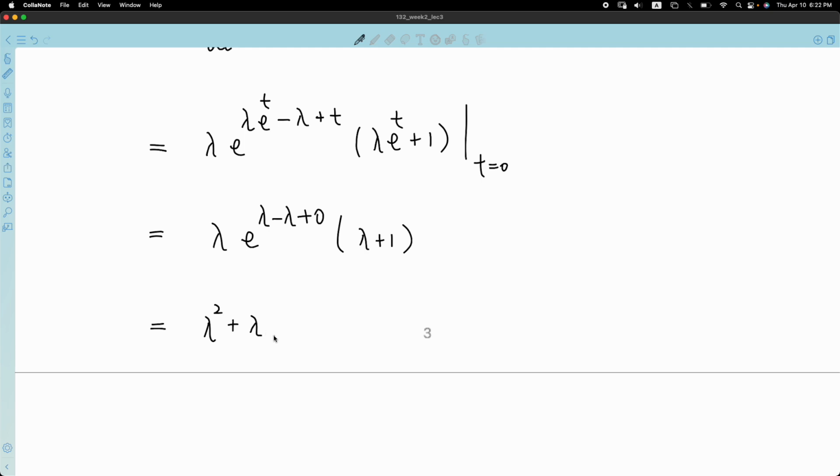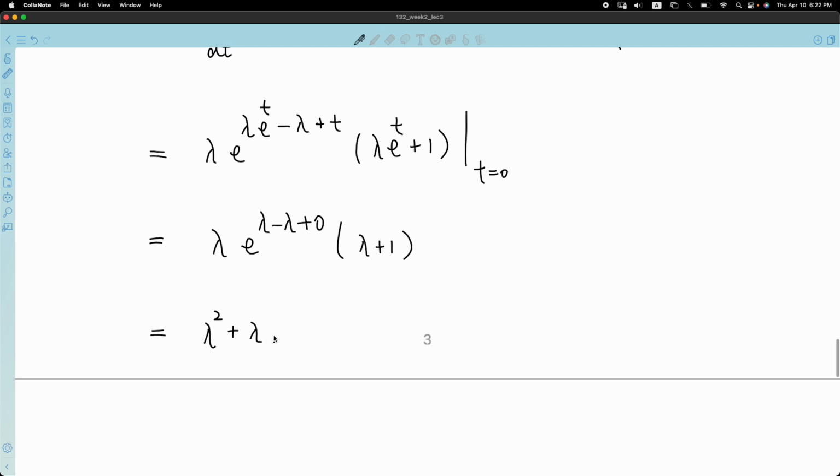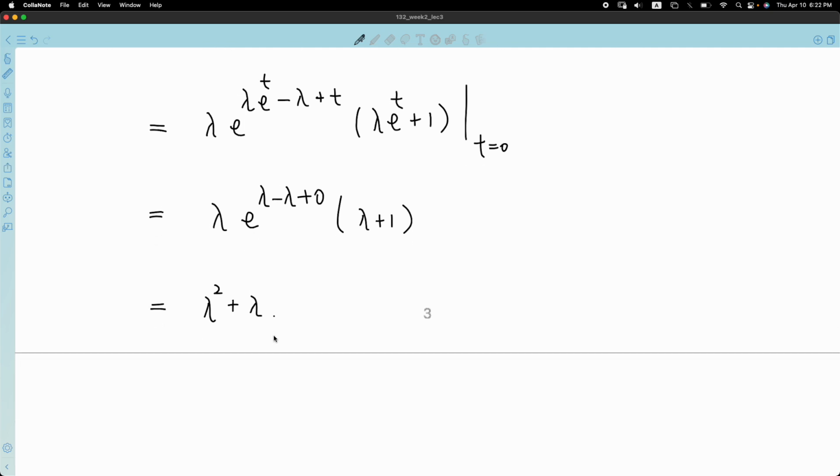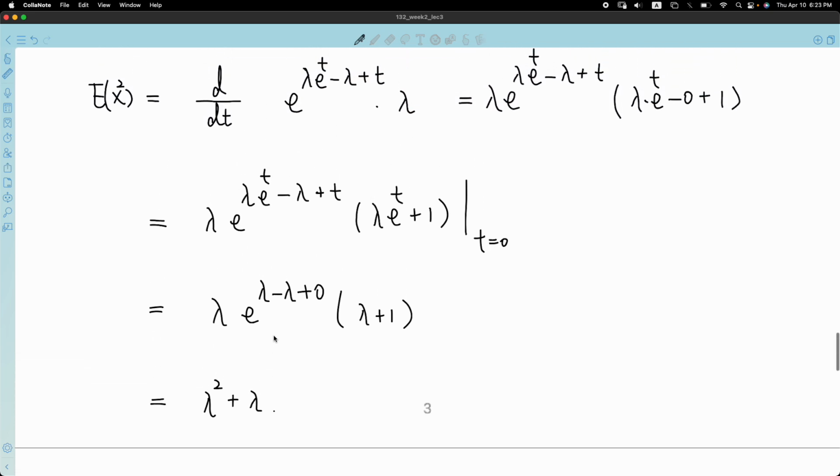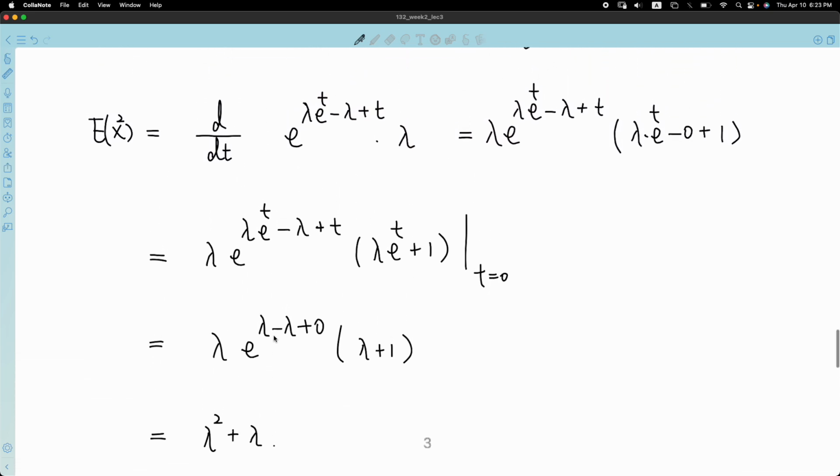Is that what you get? Yeah. Thanks. This way is easier. Otherwise, you will need to use the product rule. Any questions or comments regarding the second moment? So essentially, just take another derivative for a second order derivative and then evaluate at t equals 0.